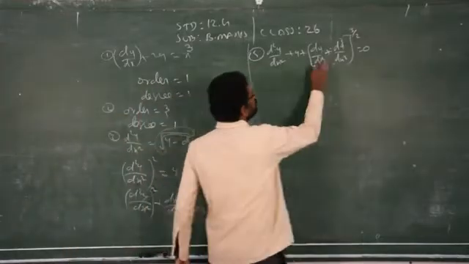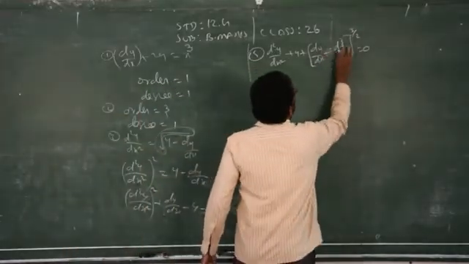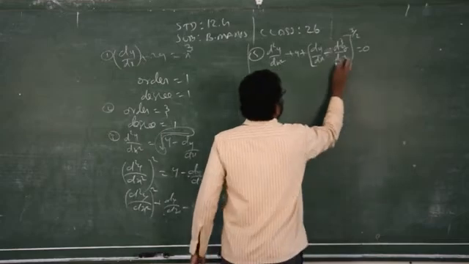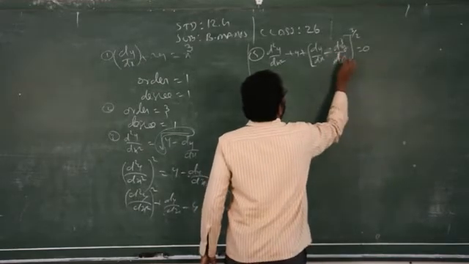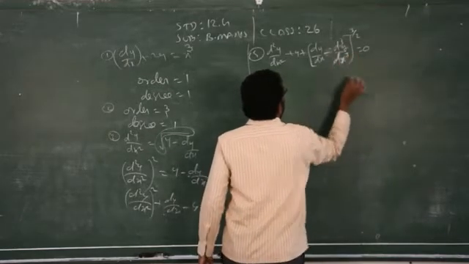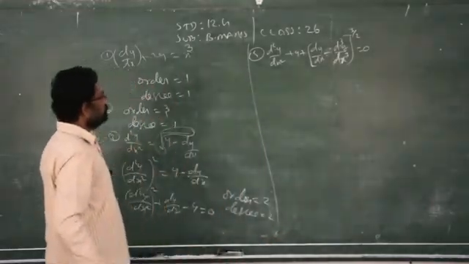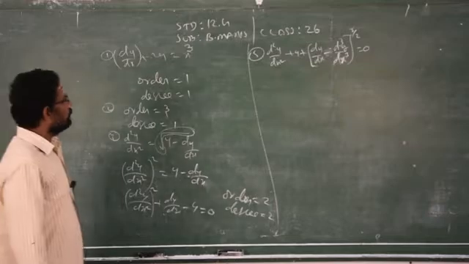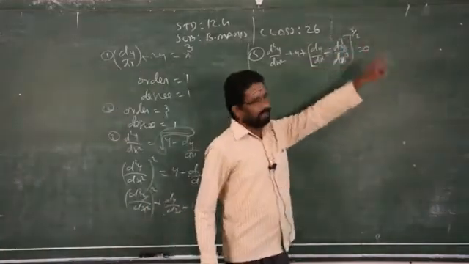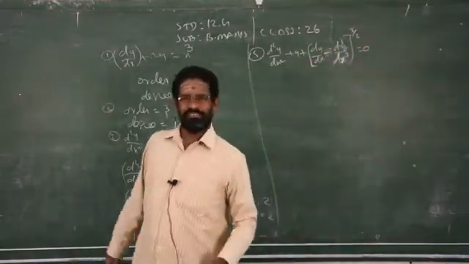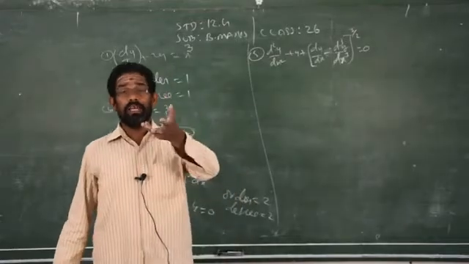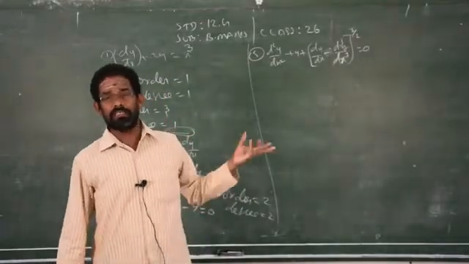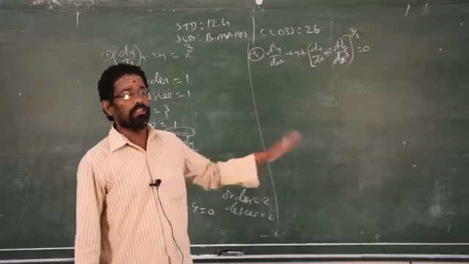Oh, here minus is there. Okay. d cube y by dx cube. Boys, this is not a standard form of the differential equation because what is there? Power is in fractional format. So if it is fractional, you cannot say this is a general form of differential equation.